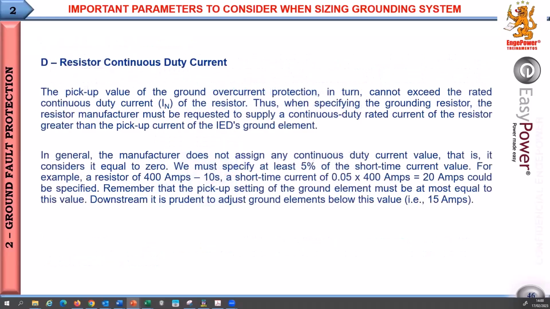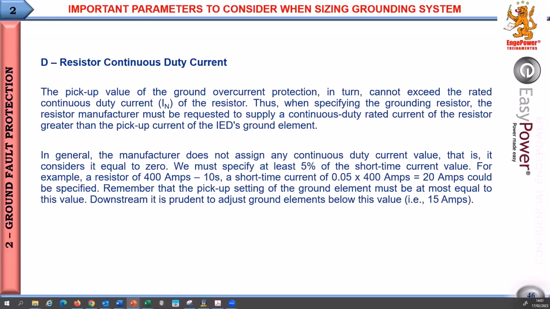Resistor continuous current. We have already talked about it. If you have a setting up to the current setting, the resistor shall be able to carry this current continuously. Otherwise, the resistor can be burned, can be damaged. Okay?